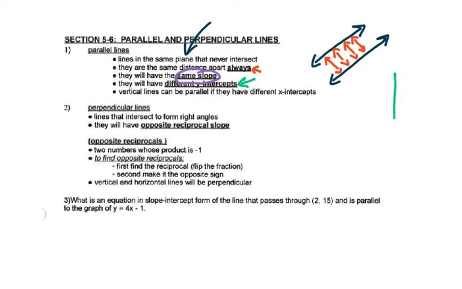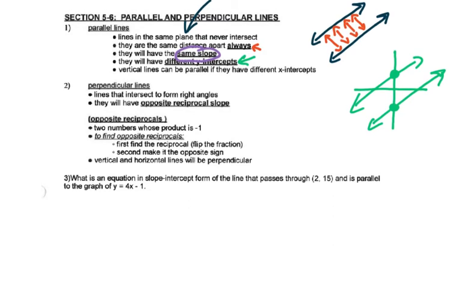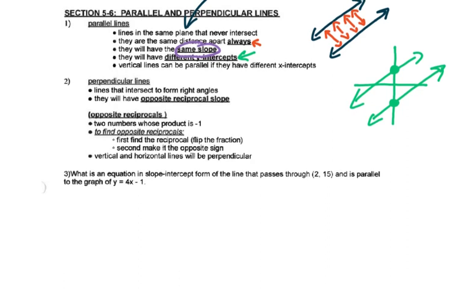So let's draw another picture here. If these two lines are in fact parallel, they will have to have different y-intercepts, because if they have the same y-intercept, well, they will become the same line, right? So that has to be the case.